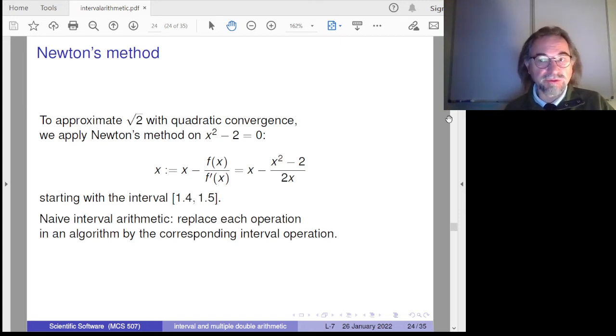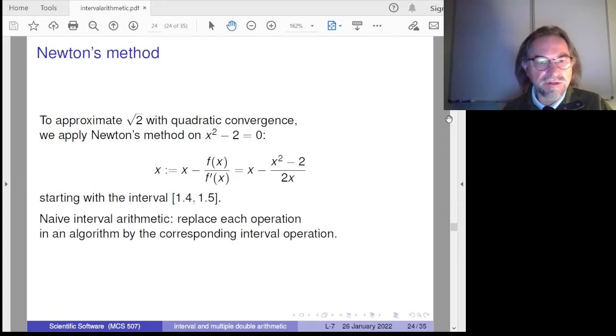But we are doing root finding on the expression x squared minus 2, which is of course very easy to evaluate, so we don't run into trouble there. But fine, we still want an estimate of the round-off that we do.